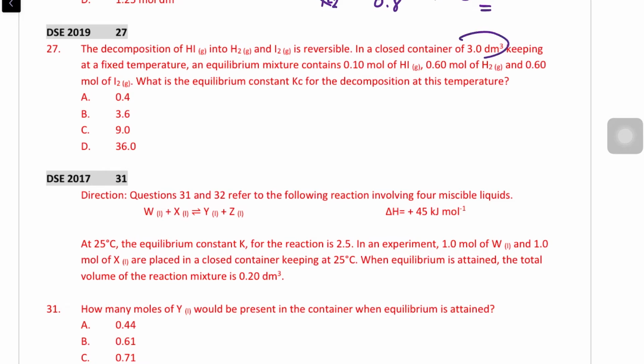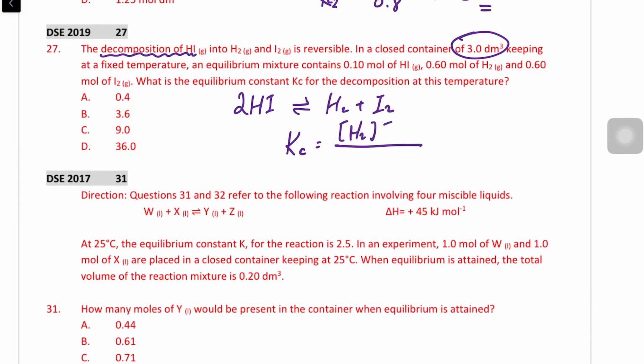Question 27. Here given the volume, the decomposition of HI means HI should be the reactant, and H2 and I2, all of them are gas, so they should be included in the calculation of Kc. Here shows the expression of Kc, HI square.